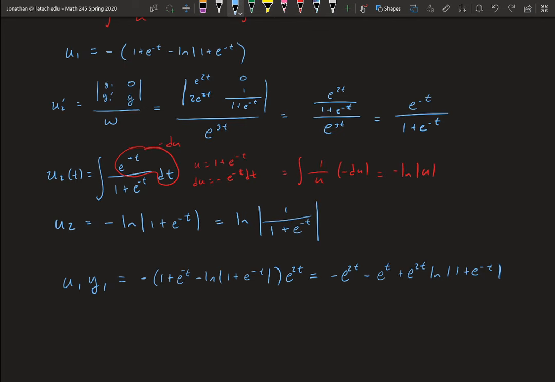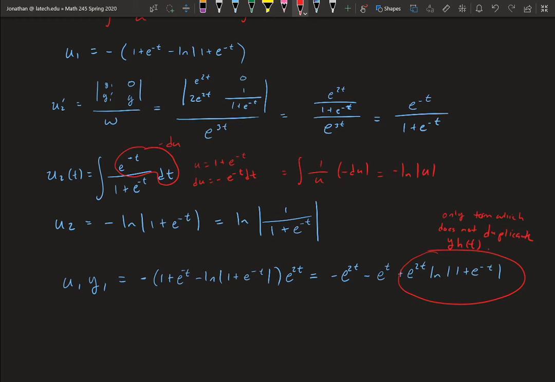And of all those, what's duplicating our homogeneous solution is actually just this term right here. It's the only term that doesn't duplicate y sub h.